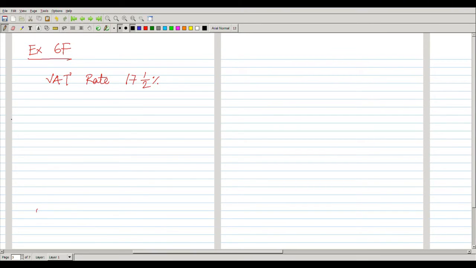So what we can do is split it like 10% plus 5% plus 2.5%. What is the benefit of this? We can find out the 10% pretty easily. For 5%, we are just cutting the 10% value in half, and for 2.5%, we are cutting this value in half. So this one is pretty gettable for you.